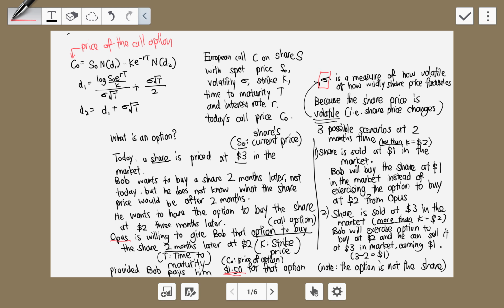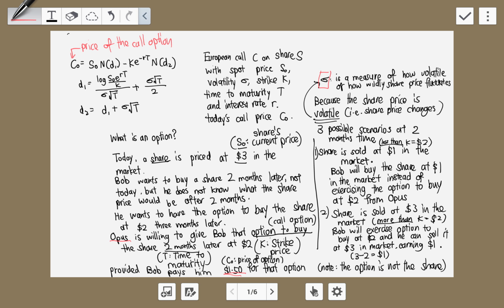The $1.50 was already paid to Opus, so he couldn't get it back. He will just buy it from the market at $1. In this case, the loss made by Bob overall is $1.50.